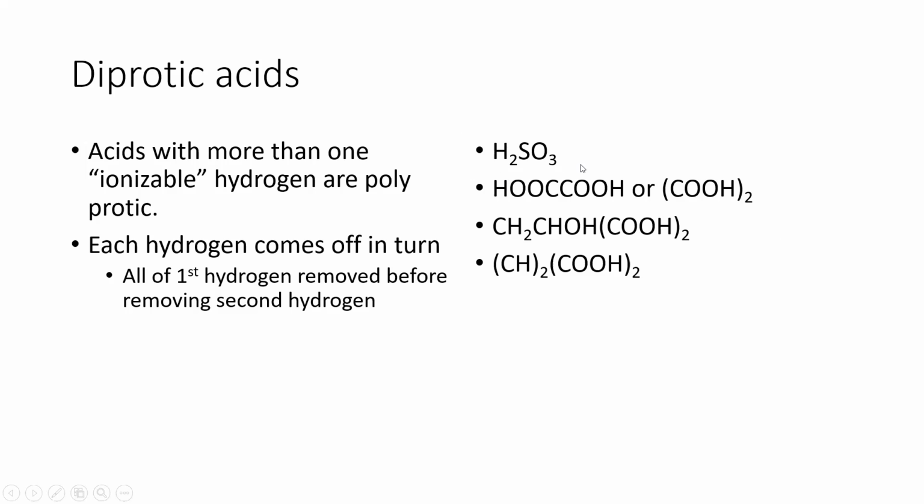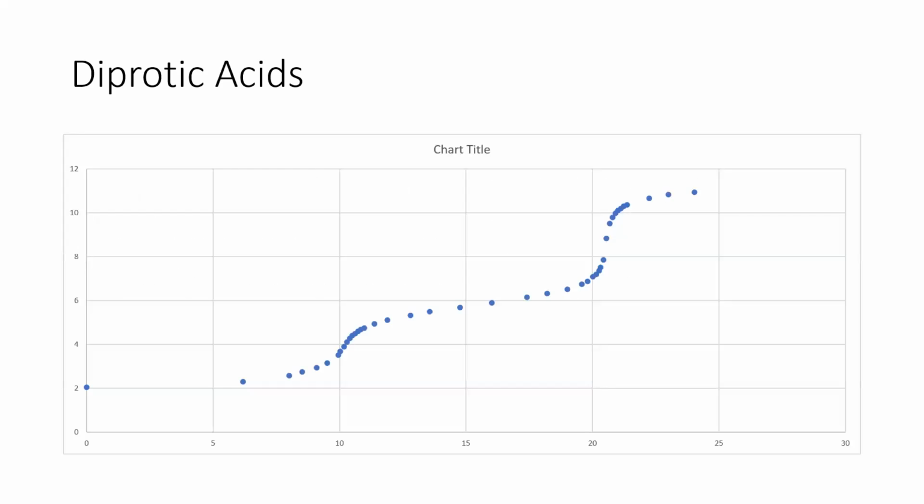When this dissolves, initially it's going to start losing one of these hydrogens with the other one remaining behind. And it won't be until every molecule has lost that very first hydrogen before the second hydrogen starts coming off. And that's going to affect what our titration curve looks like.